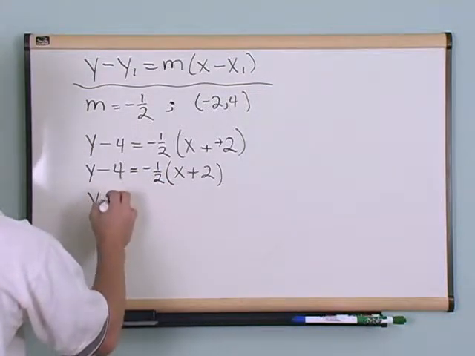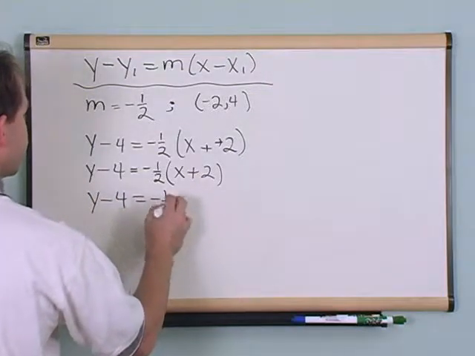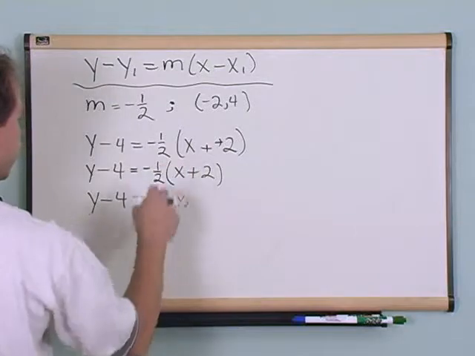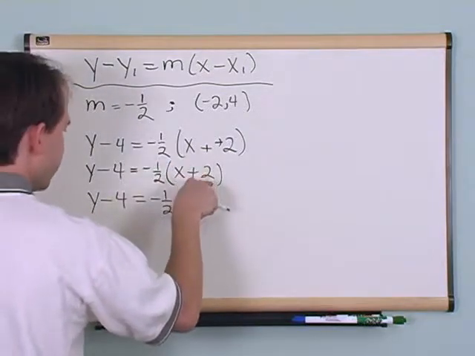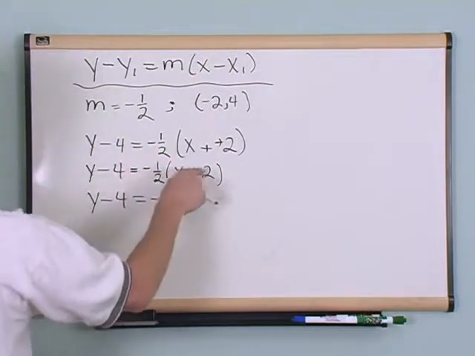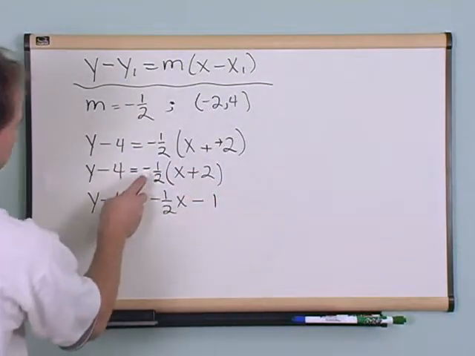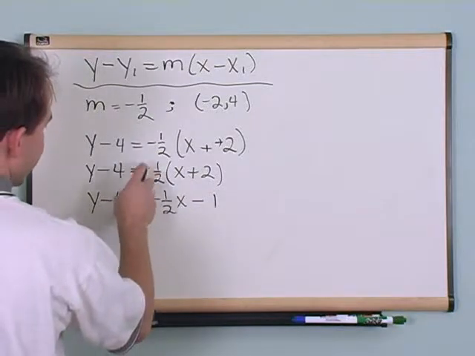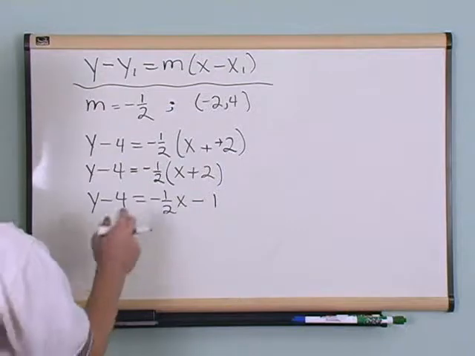I get y minus 4 equals negative 1/2 x. I just distribute the negative 1/2 into the x, minus 1/2 times 2 gives me negative 2 over 2, which is just negative 1. Think about that. Negative 1/2 times 2 is negative 2 over 2, which is just negative 1, like that.